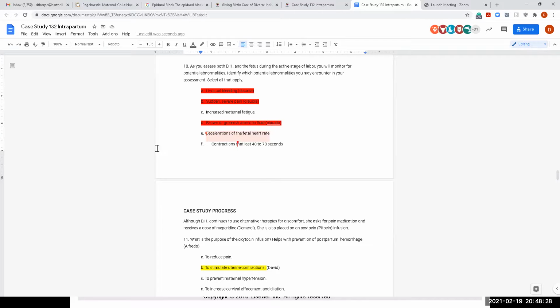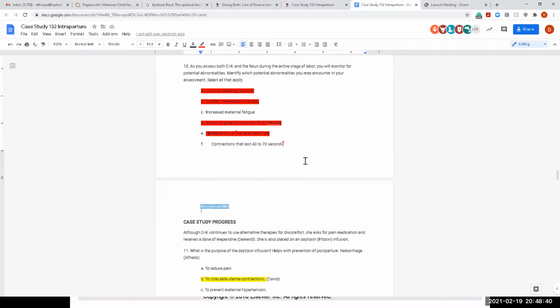Thank you. The contractions that are lasting 40 to 70 seconds are normal, right? At this stage, as she's in the active stage of labor, you really need them to be lasting at least 40 to 70 seconds, just because the baby's not going to come out with short contractions.